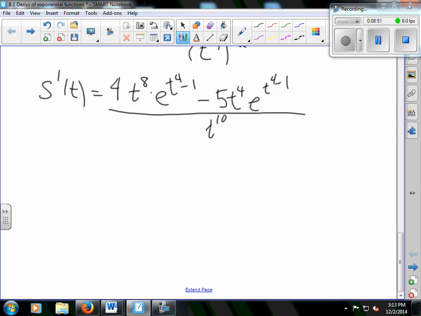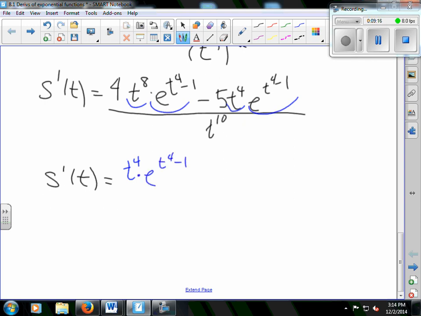And now I am going to do something else because I think this is what the back of the book will do and what you'll expect it to simplify to on multiple choice tests. I will factor out common factors. So a 4 and a 5, there's nothing common there, but I do have t to the 8th and t to the 4th, so I can factor out a t to the 4th. And I have e to the t to the 4th minus 1 in both terms.